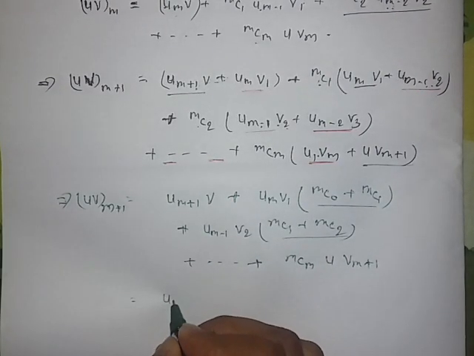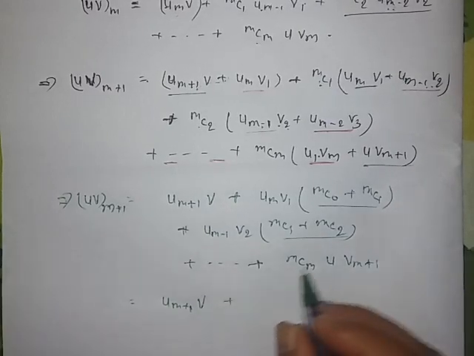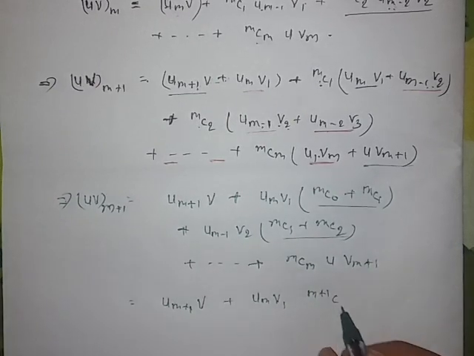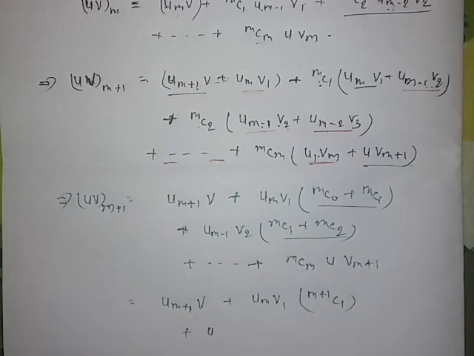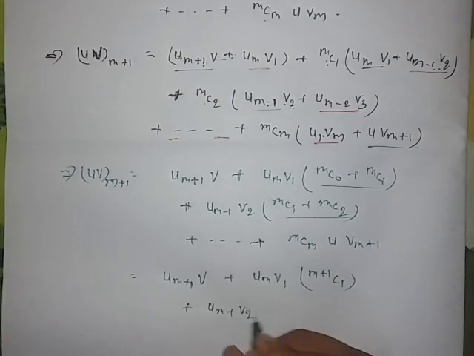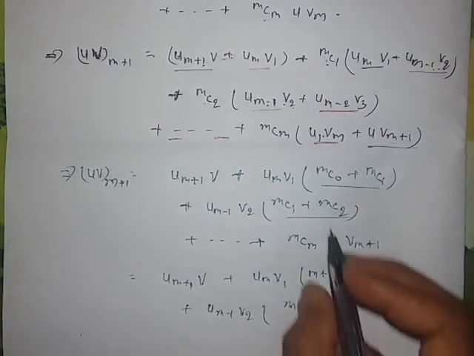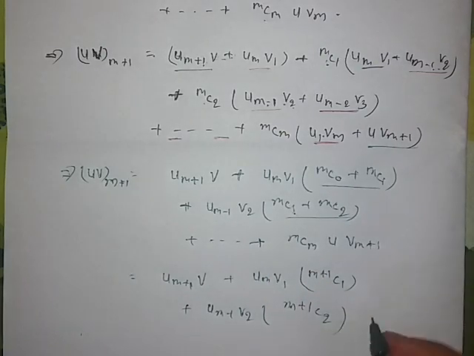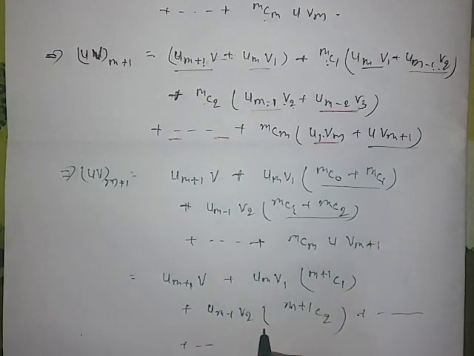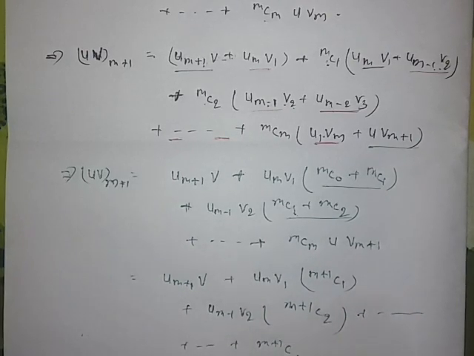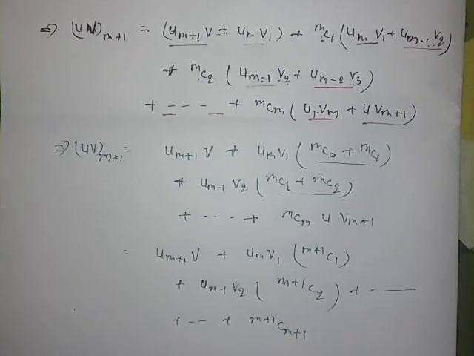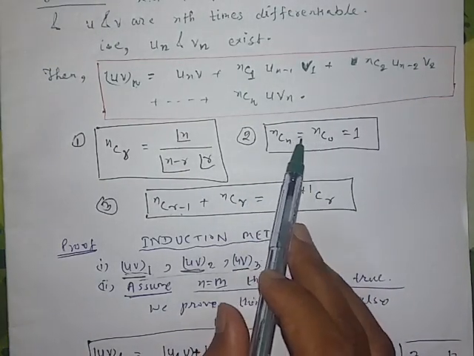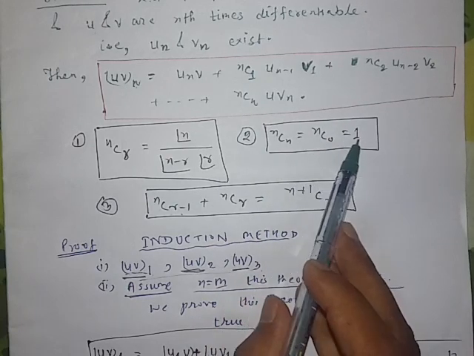So it will be equal to um plus 1 v plus um v1, this will be equal to m plus 1 c1, plus um minus 1 v2, this will be equal to m plus 1 c, and the maximum of these numbers 1 and 2, which is equal to 2, plus dot dot dot, we can write mcm as m plus 1 c m plus 1, as the formula says that ncn or nc0 is equal to 1.